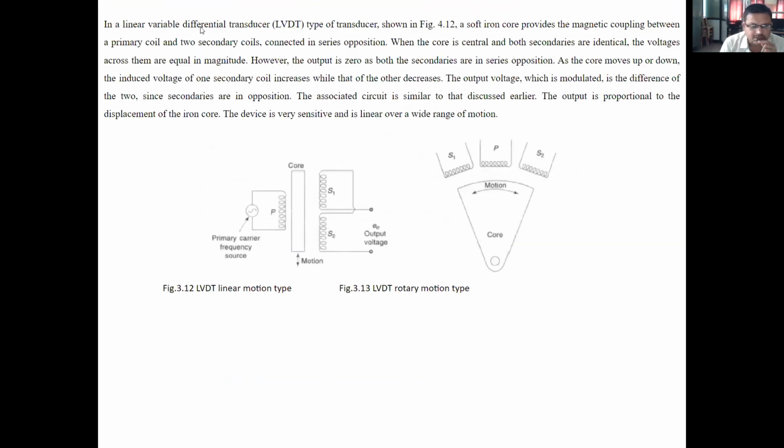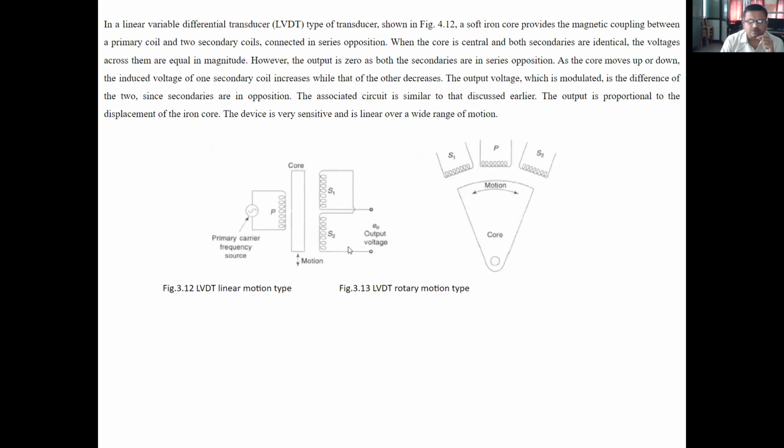Next is the linear variable differential transducer, LVDT for linear motion type and LVDT for rotary motion type. Now I will explain. First of all, this is the primary winding. This is the soft iron core. It can move up and down. These two are secondary windings, S1 and S2.